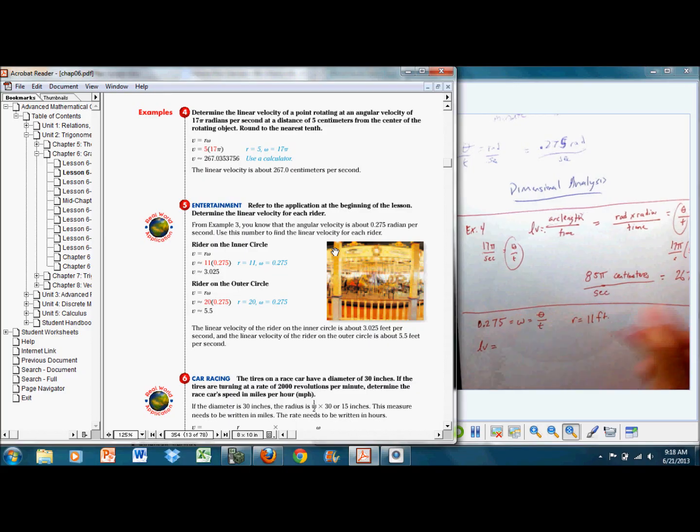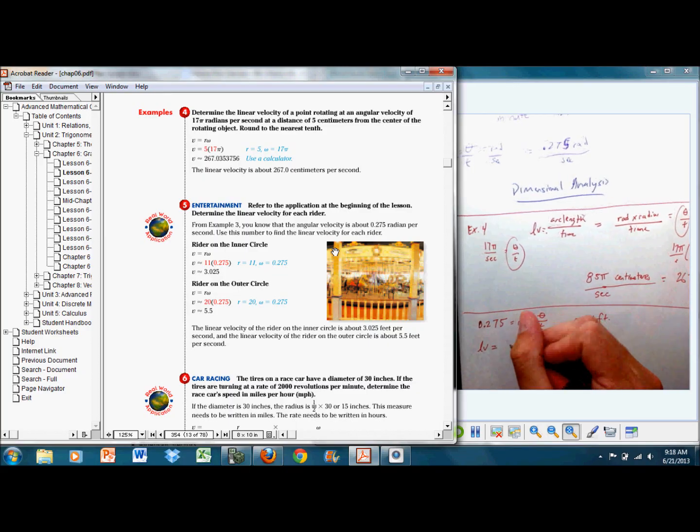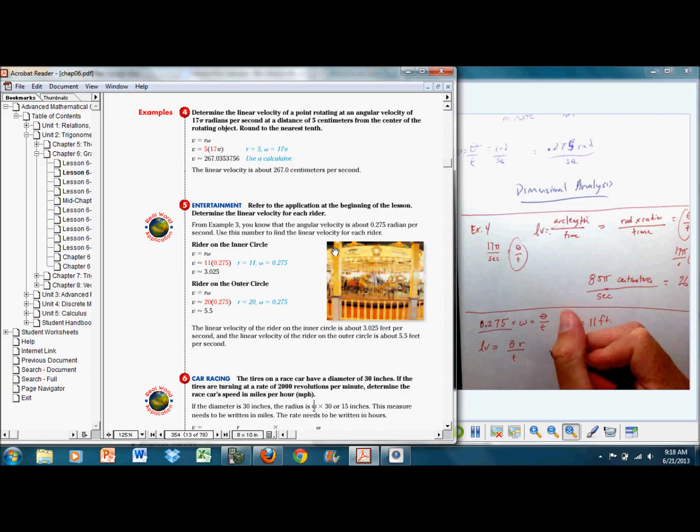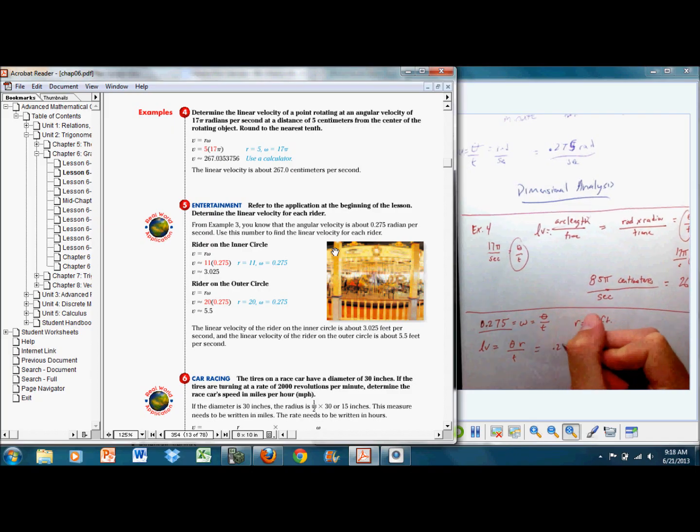Okay, so if it's 11 feet for the radius, what is our linear velocity going to be? Well, it's going to be the same as the problem that we just did. Linear velocity is theta times r over t. They just gave us theta over t as 0.275. So 0.275 times r is going to be our linear velocity.